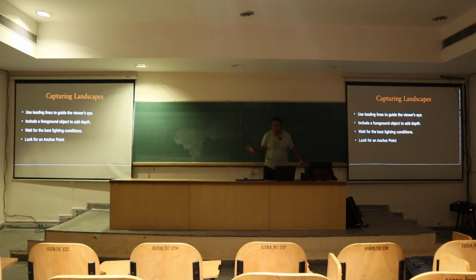That's not a good landscape. A good landscape not only gives you a sense of the place, it is very important that it keeps your eyes hooked in that image, and while giving you a sense of the place, it tells you a story of the place. I'll show you some examples.